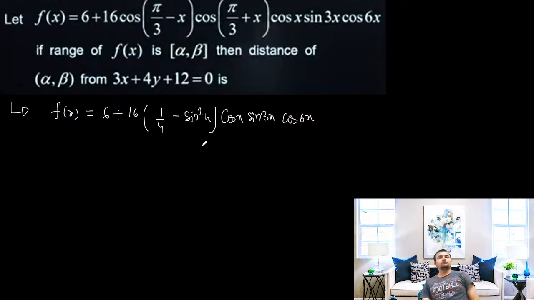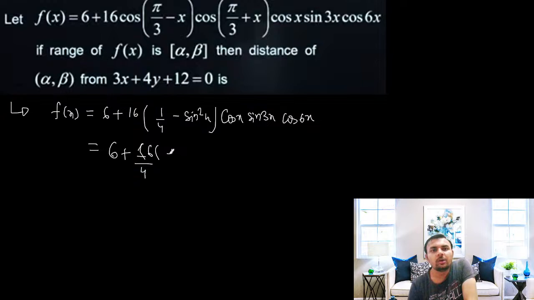So what can happen is that we have a trick. Without trick, nothing will work, okay? 16 is outside. It is upon 4, 1 minus 4 sine square x. We'll send cos x inside or we'll keep cos x outside. Without trick, nothing will work.